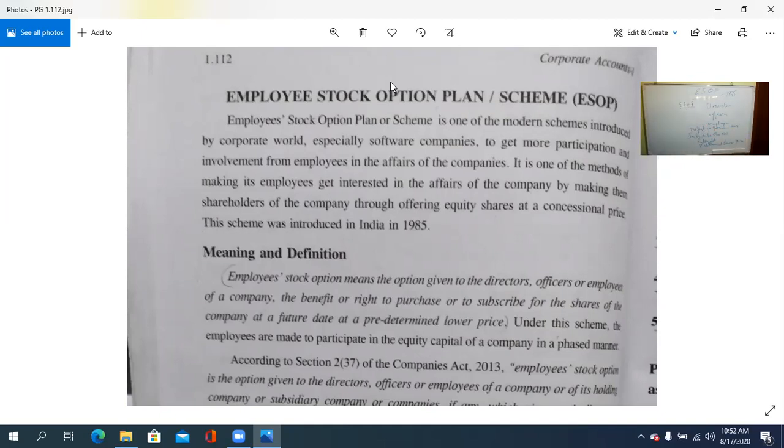This is an offer given to the director, the officer, or the employees. The right to purchase the share or subscribe the share are the same, in a future date with a predetermined lower price.